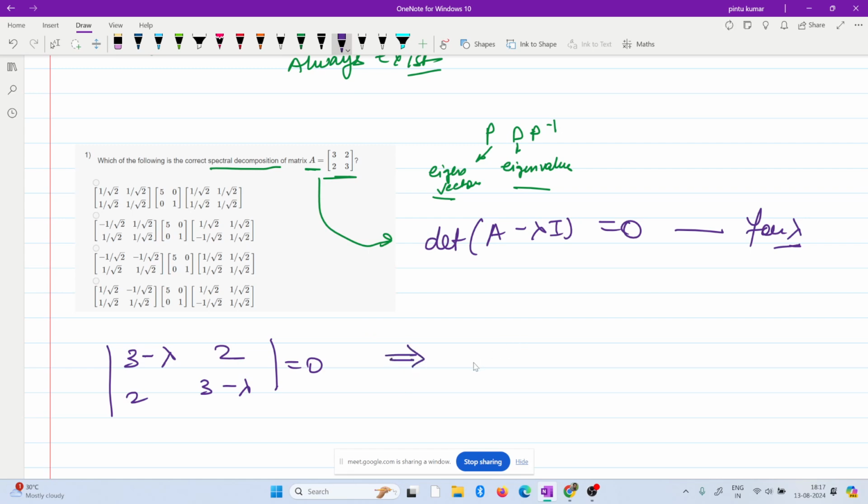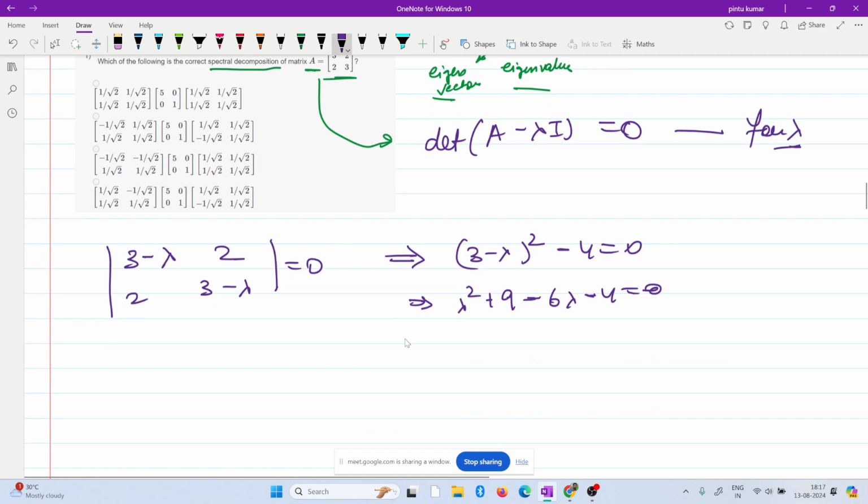This would imply that (3 minus lambda) whole square minus 4 is 0, or lambda square plus 9 minus 6 lambda minus 4 is equal to 0, so lambda square minus 6 lambda plus 5 is equal to 0.